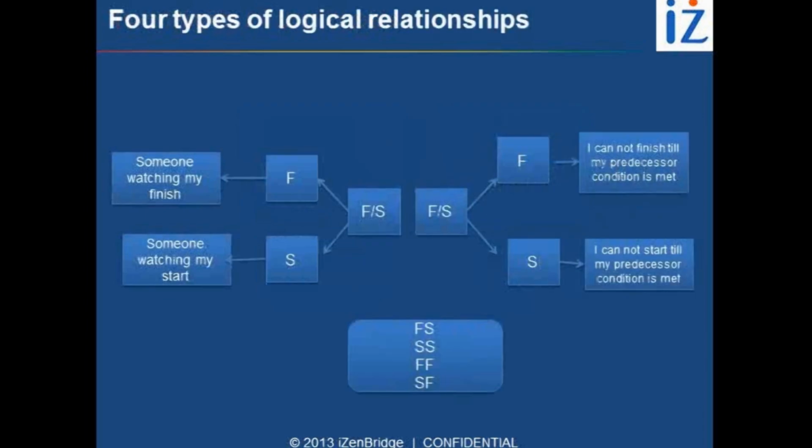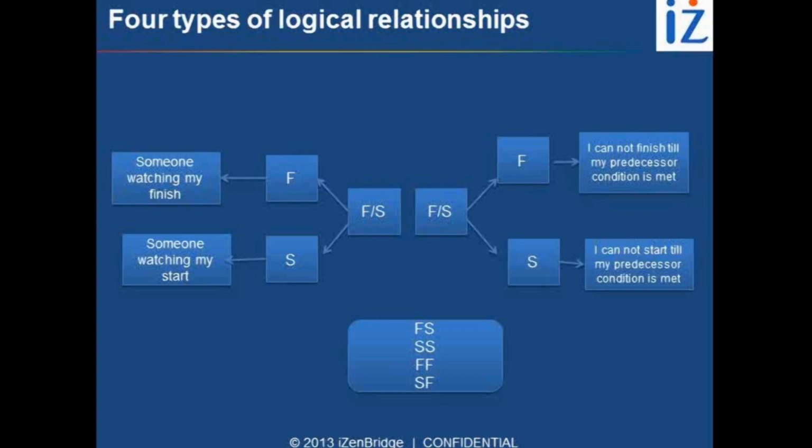The first character defines what activity B is watching for. If the first character is F, it means activity B is waiting for the finishing of activity A. If the first character is S, it represents that activity B, the dependent one, is waiting for the starting of the independent activity, which is activity A.